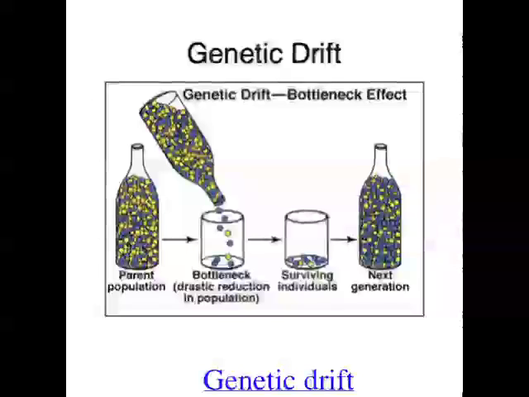And then if that keeps going over a long period of time, two new species, which won't be able to interbreed with each other, will arise. Basically, this gradual change in allele frequencies over time is evolution, and new species will evolve exactly that way.